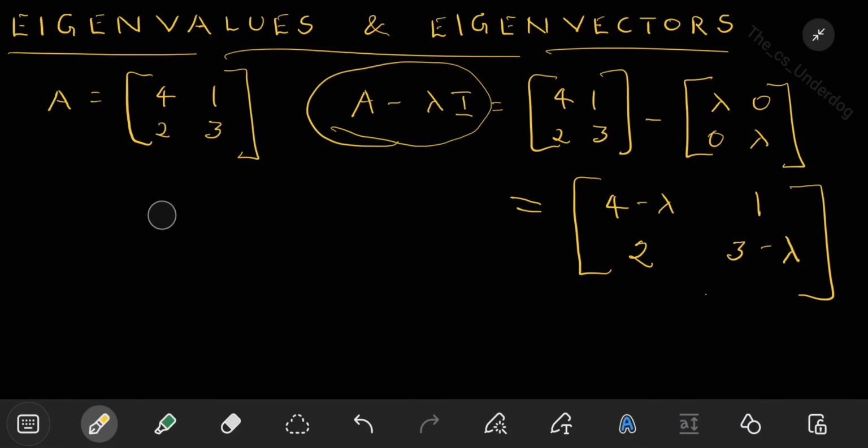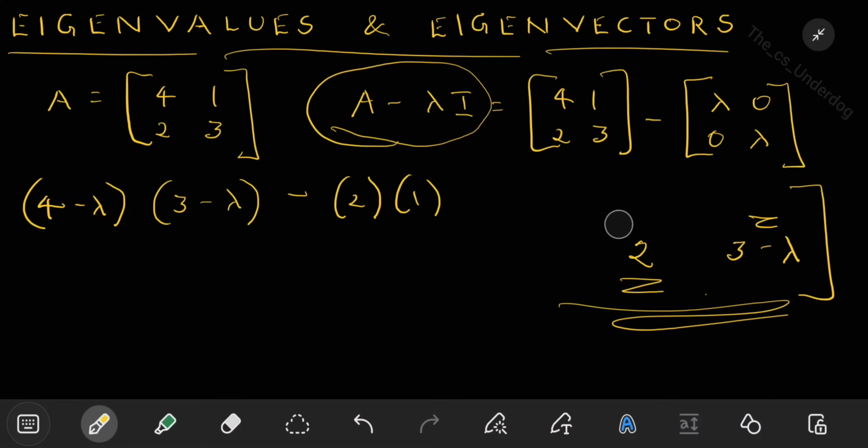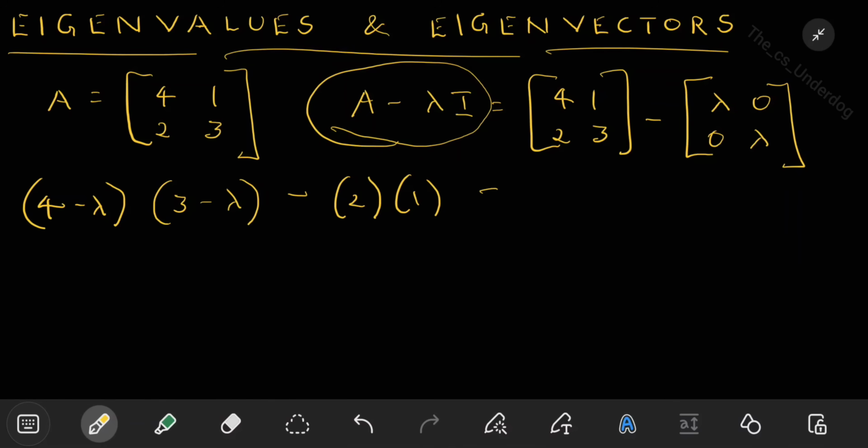How do you find the determinant? When you take the determinant of it, it becomes 4 minus lambda into 3 minus lambda, minus 2 into 1. This is equal to 0. So you are equating the determinant of A minus lambda I to 0. This is how you find the eigenvalue.